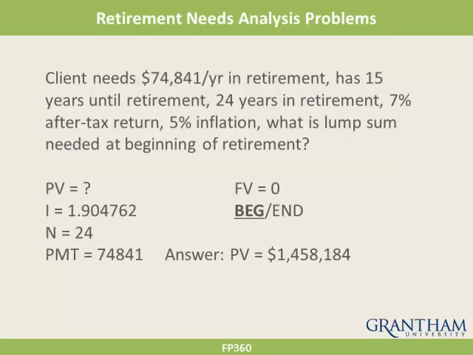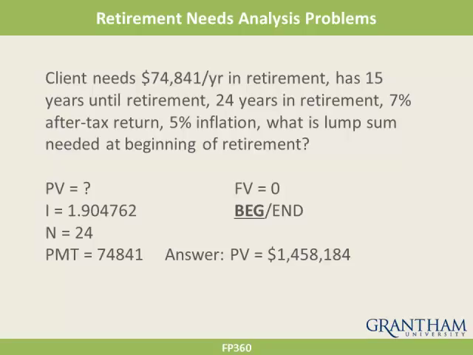So in this question, we are told that the person needs $74,841 in the year of retirement. They have 15 years until they retire. They're going to be in retirement for 24 years. They're going to assume a 7% after-tax return, a 5% rate of inflation, and the question is, what lump sum will they need at the beginning of retirement?